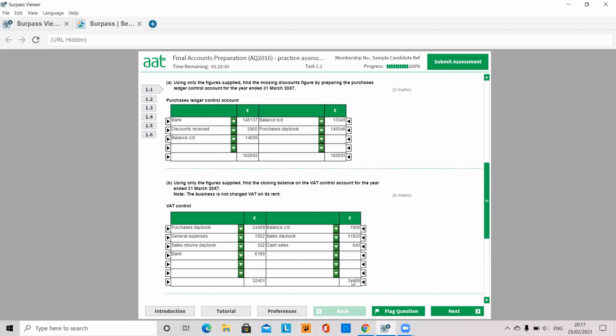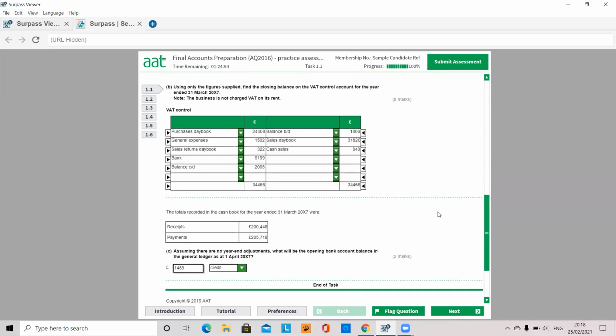So it's the side with the biggest amount, so 34,466, minus the 32,401, which gives us a missing figure of 2065. And then you see it balances. So our balance carried down is 2065, therefore becomes our balance brought down at the start of the next month.